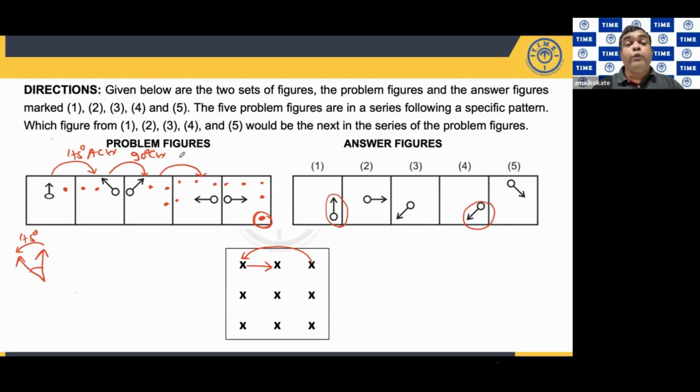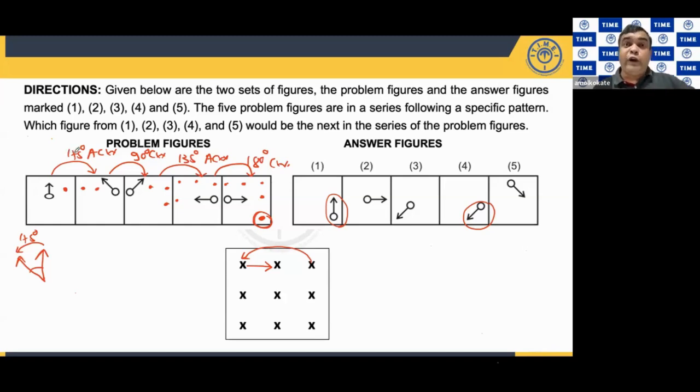Next figure, you're moving 135 degrees anti-clockwise. And next figure, it's 180 degrees clockwise. Can you observe that rotation? 45 anti-clockwise, then 90 clockwise, then 135 anti-clockwise, then 180 clockwise.